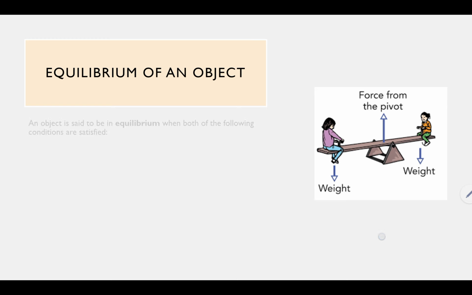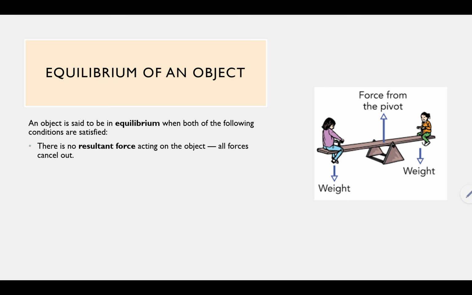Equilibrium of an object. An object is said to be in equilibrium when both of the following conditions are satisfied. When there is no resultant force acting on the object, that means all forces cancel out. And there is no resultant moment acting, that means the object is not trying to rotate.